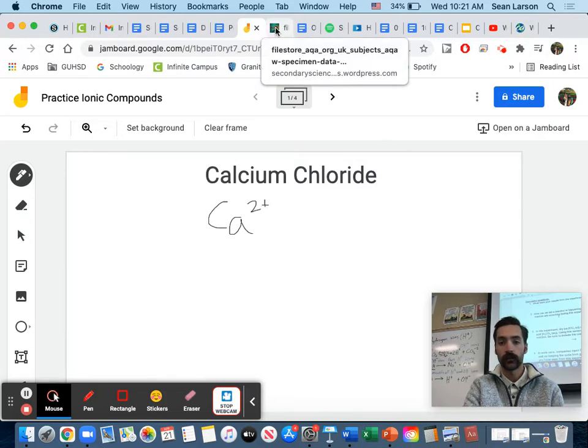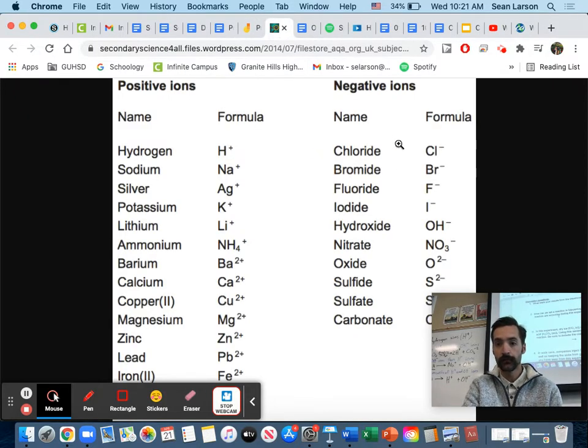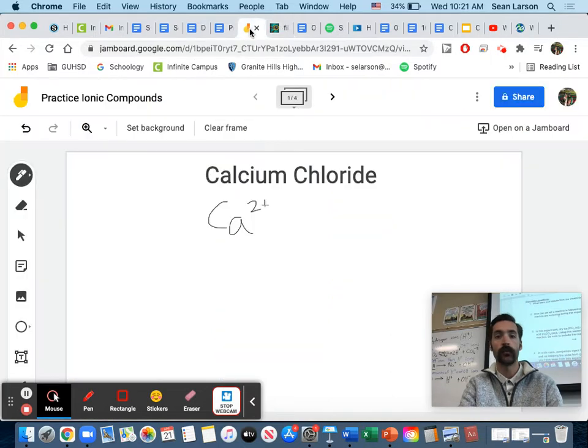And chlorine, or chloride, has a negative charge, a -1 charge. So this is calcium, this is chlorine, but now we need to figure out what our actual formula looks like. So basically how many calciums and how many chlorines we have in order to make a neutral molecule. How we predict that is by using what is called the crisscross method.